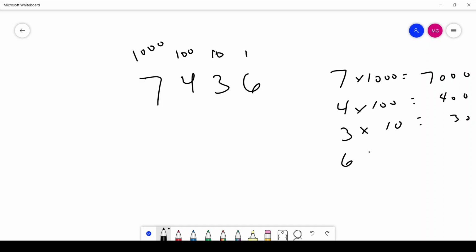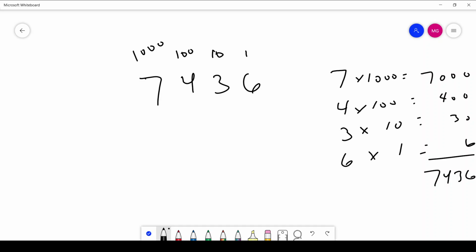And we have 6 ones. And we can come back over here and add that up, and we can still get 7,436. And that's base 10, and that's how base 10 works. So we have place values, and we have digits that tell us how many of those values we have to make up the whole number.